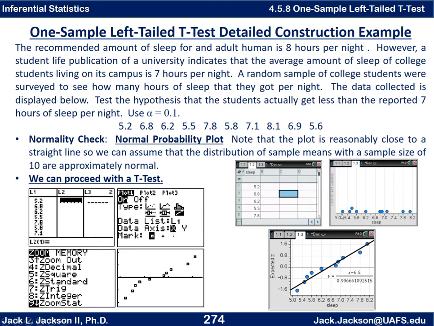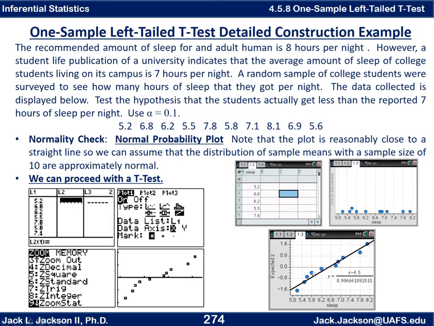It's not too far off of what we might expect with this small of a sample size for a normal distribution. And then to get this plot to turn into this plot, you're still in this window up here, and you click on menu, and then you look at plot type and turn it into a normal probability plot, and it turns in.